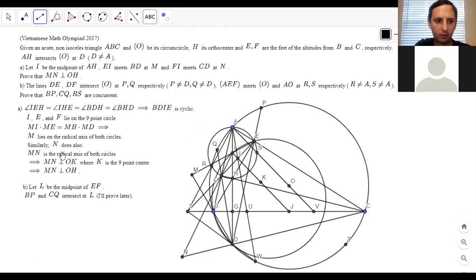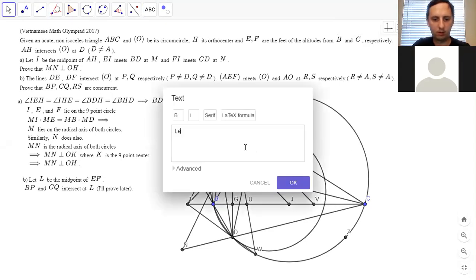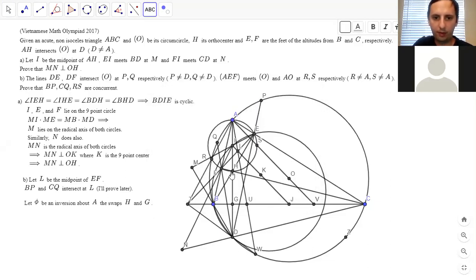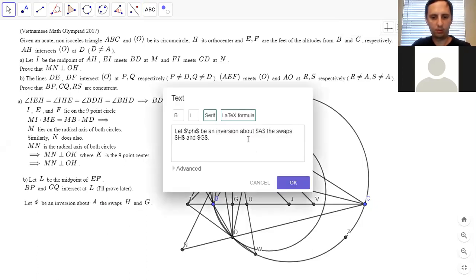So yeah, phi swaps BC and the circle with diameter AH.